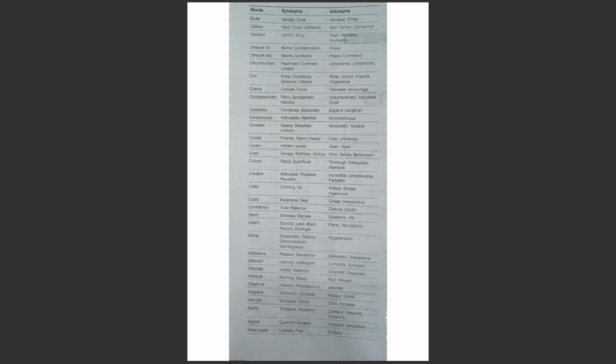So coerce means to compel, to force. ज़बरदस्ती कुछ करवाना, मजबूरी में करवाना, ज़बरदस्ती किसी से कुछ करवाना. That is what coerce means. And the antonym is volunteer, encourage, खुद से, स्वेच्छा से, अपनी मर्जी से कुछ करना. That is what means the antonym of coerce.